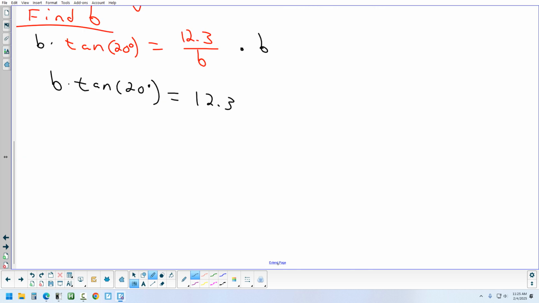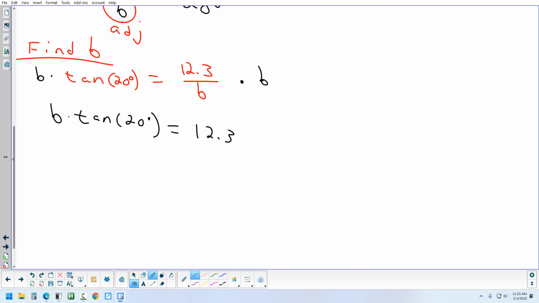And now, how would you get B by itself? Divide by what? Tangent of 20. If you divide each side by tangent 20, that's gone.